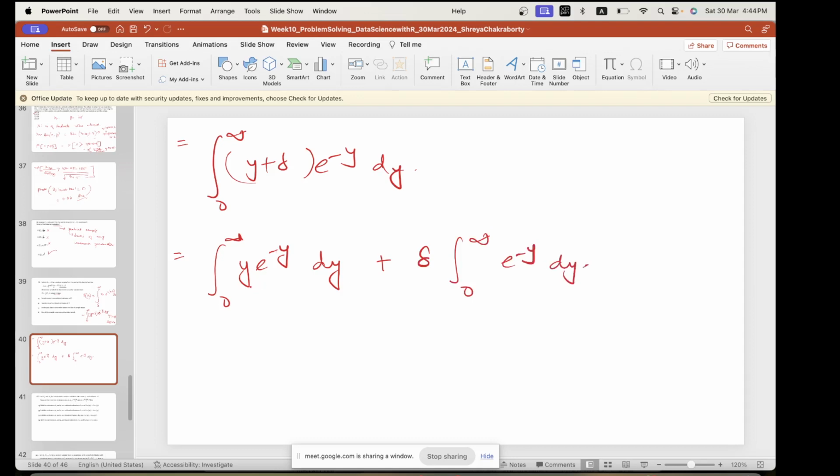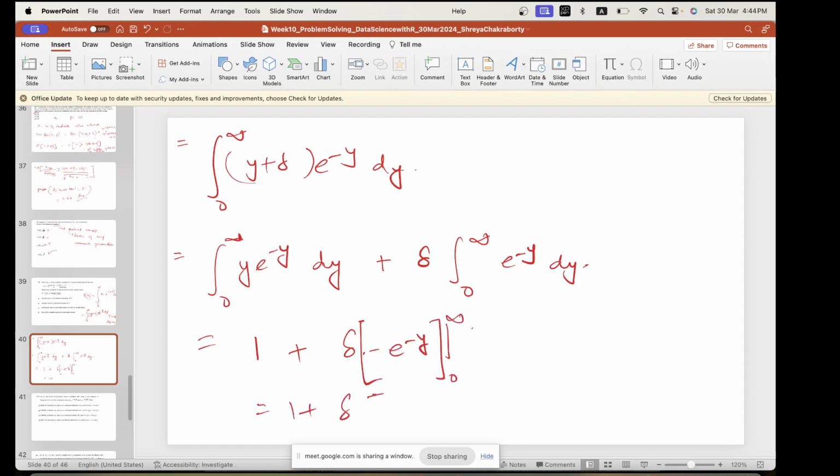Now this, if we assume that y follows an exponential distribution, is actually 1 because this is the PDF, and the integral of the PDF from 0 to infinity will give you 1. So this is 1 plus delta times, we have to evaluate minus e to the power minus y from 0 to infinity.